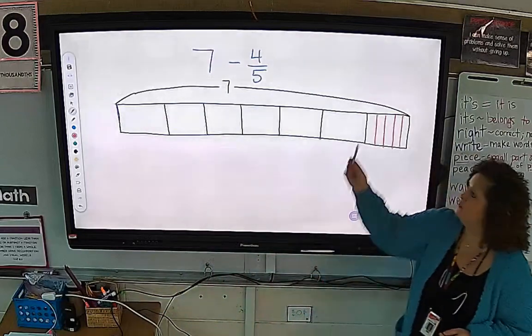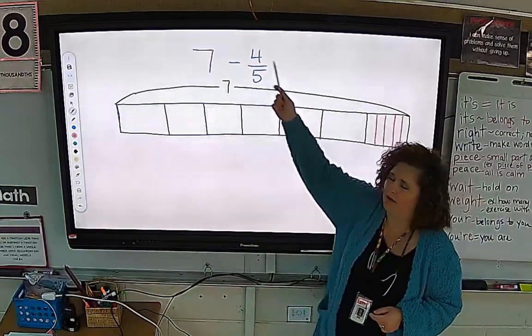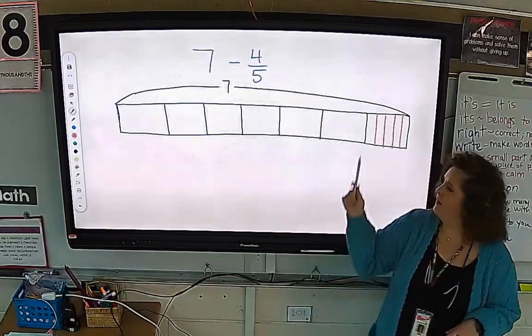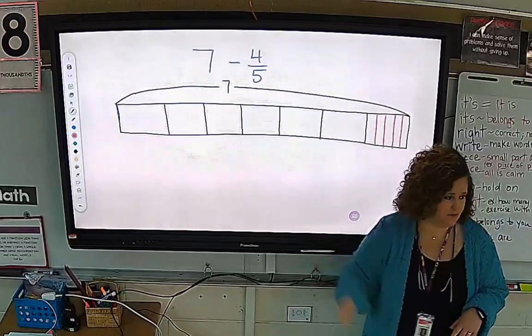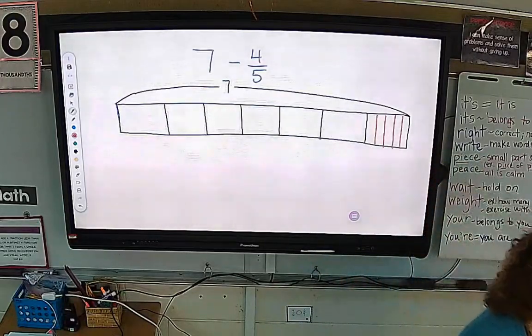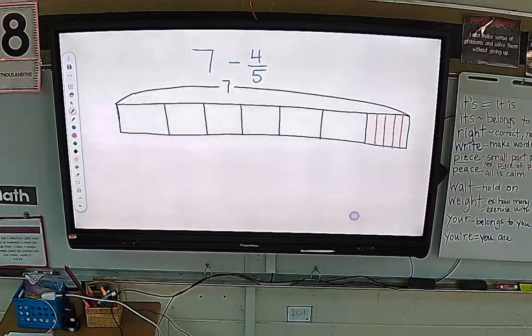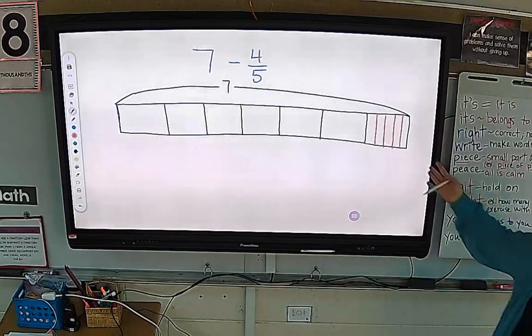Now, if I was subtracting a fraction that was bigger than 1, I might want to cut several of these into fifths. But I know I'm subtracting a fraction that's smaller than 1, so I'm just going to cut one of these into fifths this time.